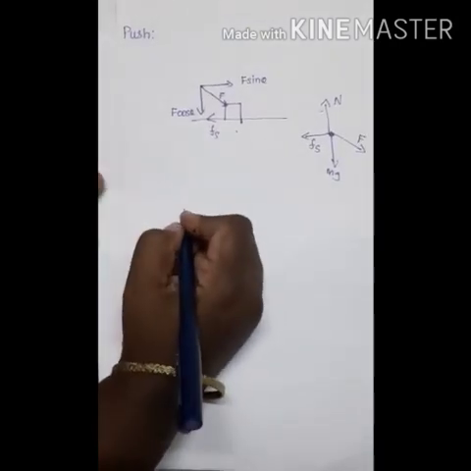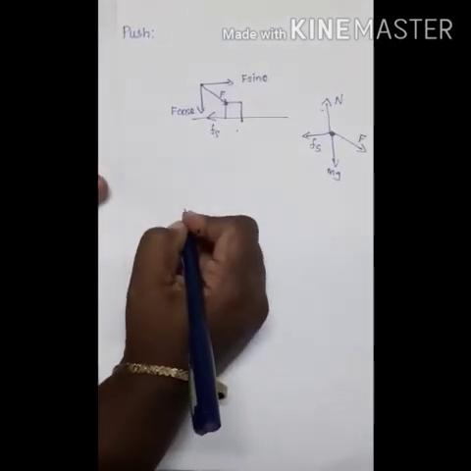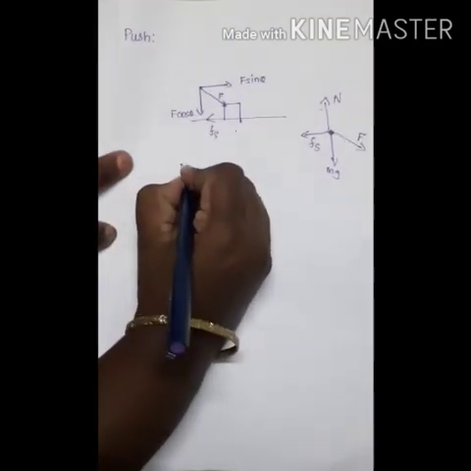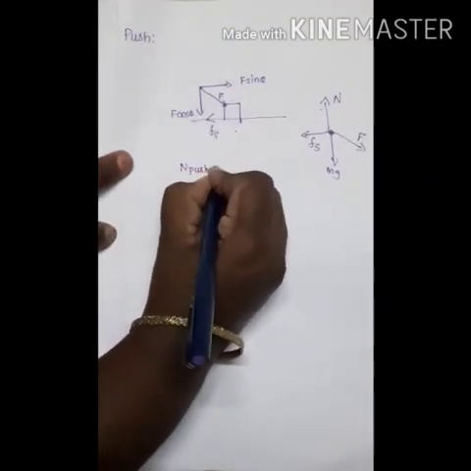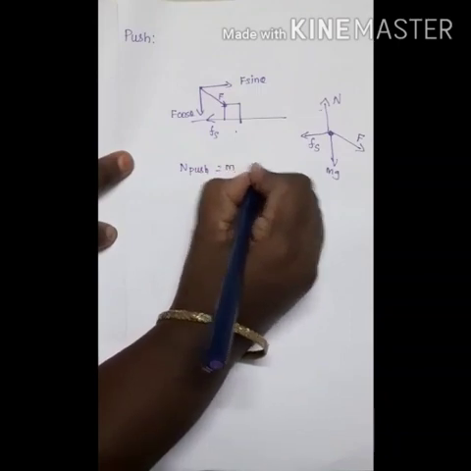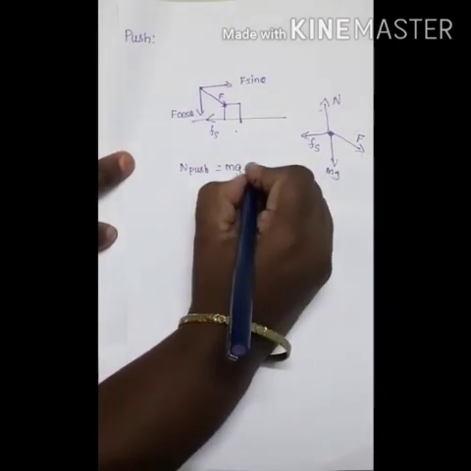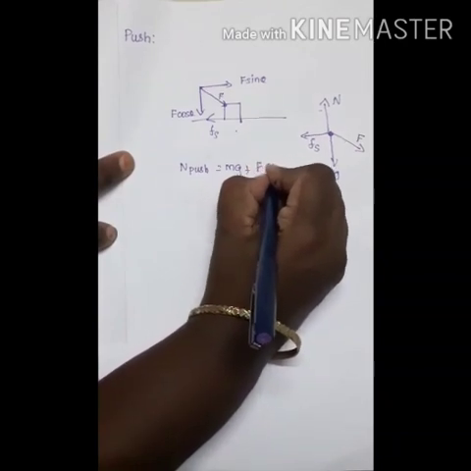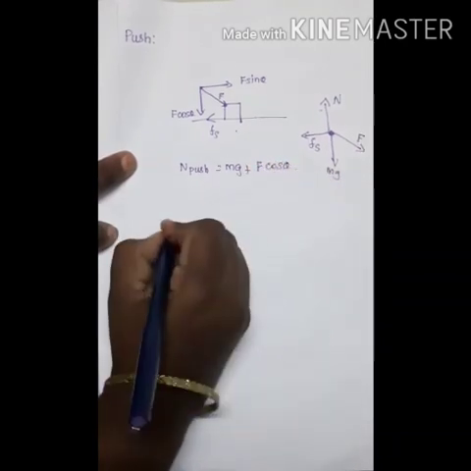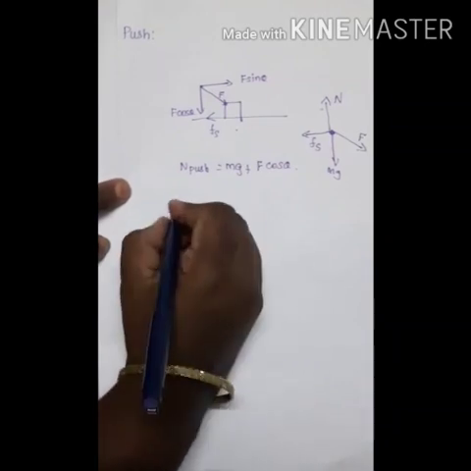The normal force on the body increases. Therefore, N push is equal to the gravitational force mg plus the perpendicular component of the applied force, F cos theta. Maximum static friction also increases.